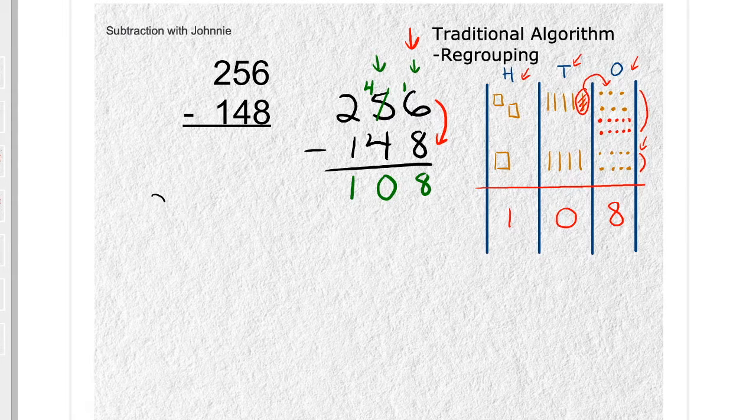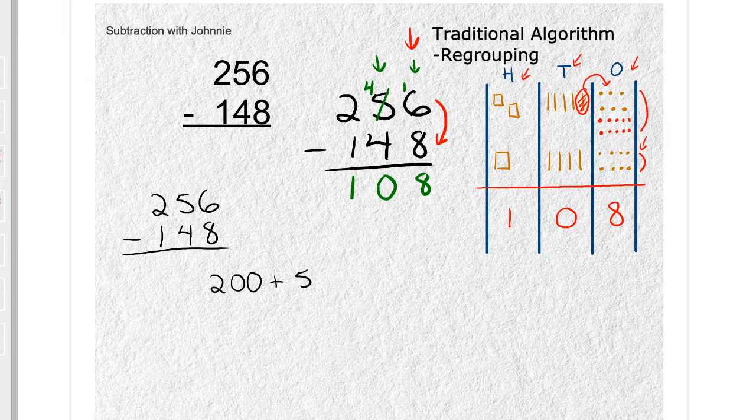Let's take 256 minus 148 and represent it differently. Let's take 256 and describe it using the distributive property. 256 is the same as 200 plus 50 plus 6.